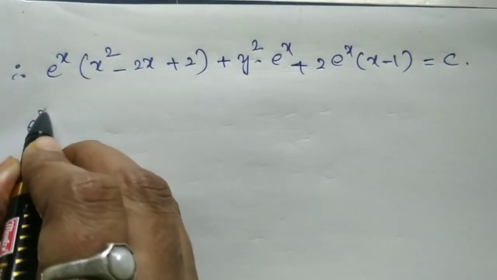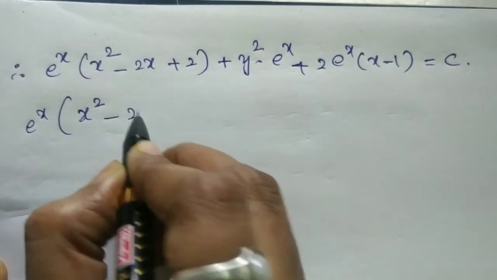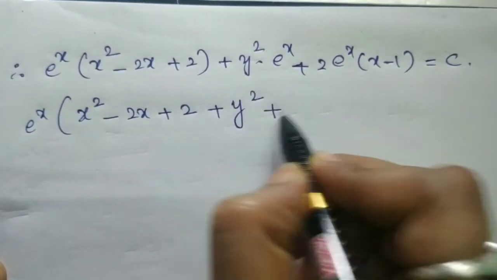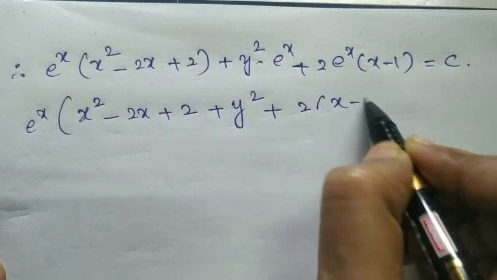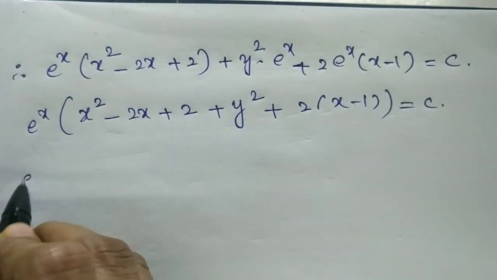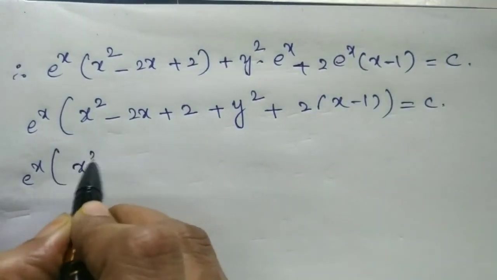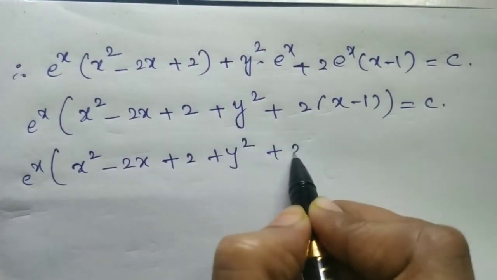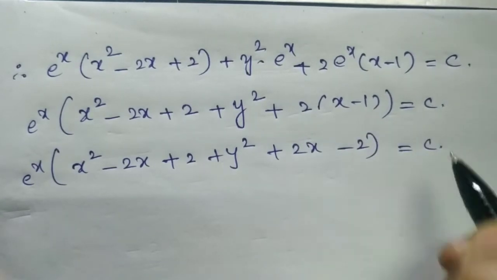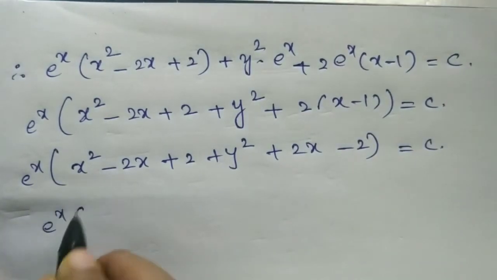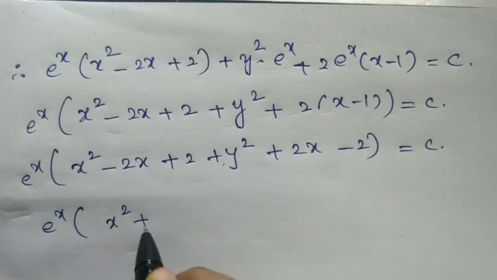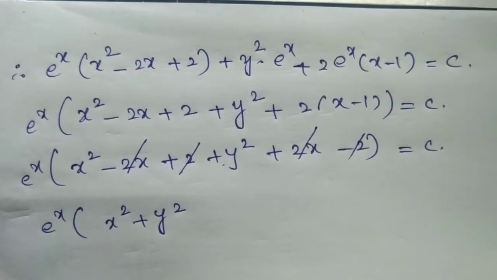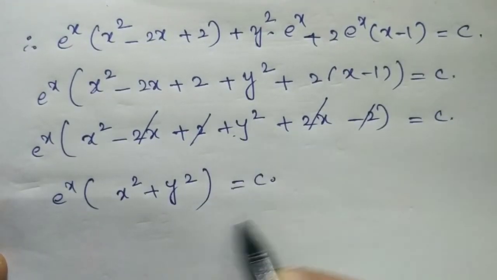So e power x into x square minus 2x plus 2 plus y square plus 2 into x minus 1 equal to c. So here e power x into x square minus 2x plus 2 plus y square plus 2x minus 2 equal to c. So therefore e power x into x square plus y square minus 2x plus 2x cancel, plus 2 minus 2 cancel, that is equal to c.